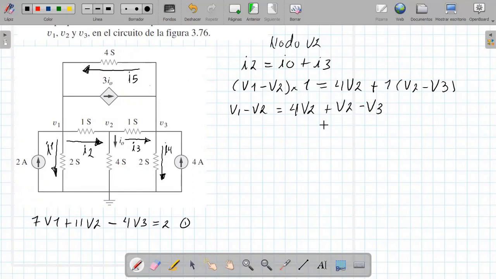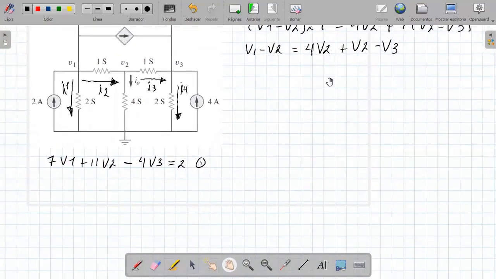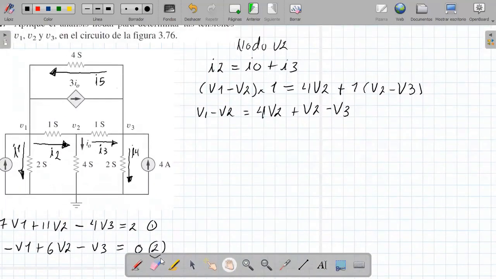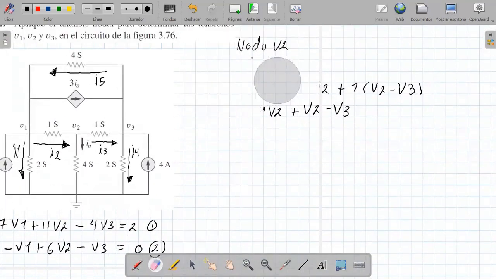So, I reorganize, I leave everything on one side just like that, which I'm going to keep here. So you can verify it, minus V1 plus 6V2 minus 4V3. Okay.